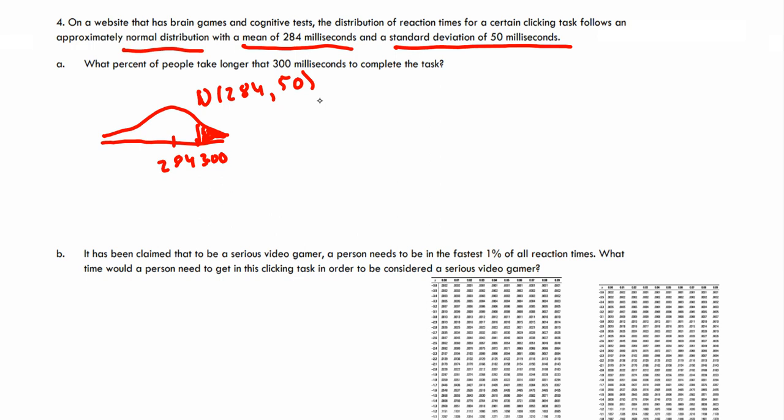Now, if you watched my previous videos, you understand that we first want to find our z-score because we're going to use table A. So we find the z-score by taking 300 minus 284, and dividing that by our standard deviation, which is 50. If you put this in your calculator, you get about 0.32.